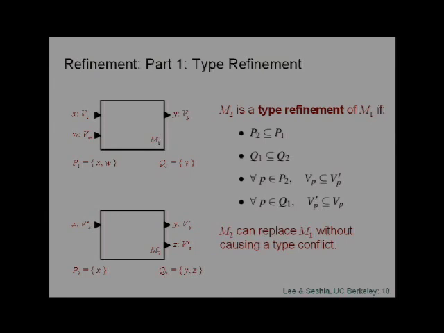Whatever module is connected to M1 here is not going to be able to interpret that value correctly because it was only designed to receive a Boolean input. Okay, so the input types that M2 accepts have to be a bigger set than the input types M1 accepts, and the output types M2 produces have to be smaller than the output types that M1 produces. Okay.